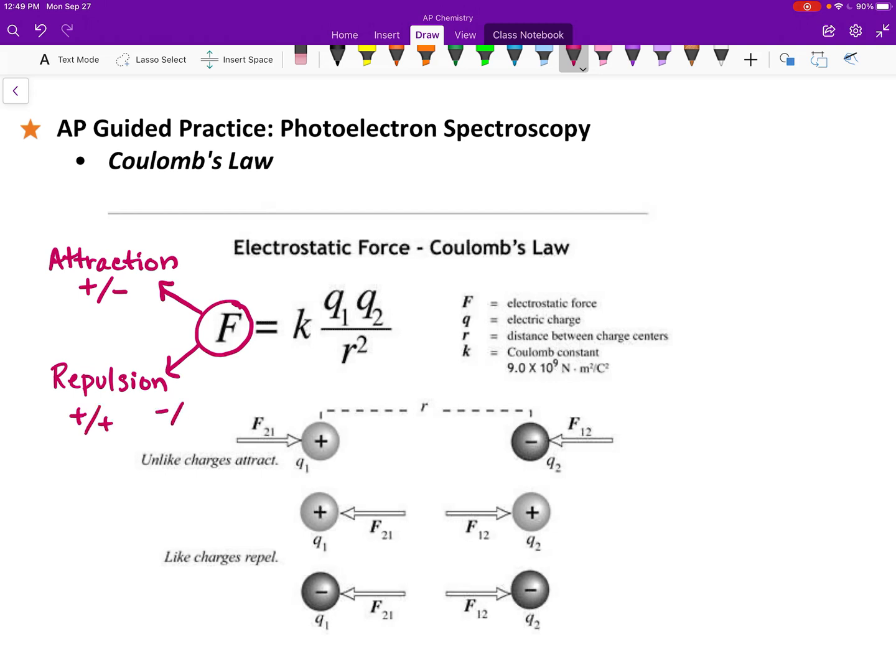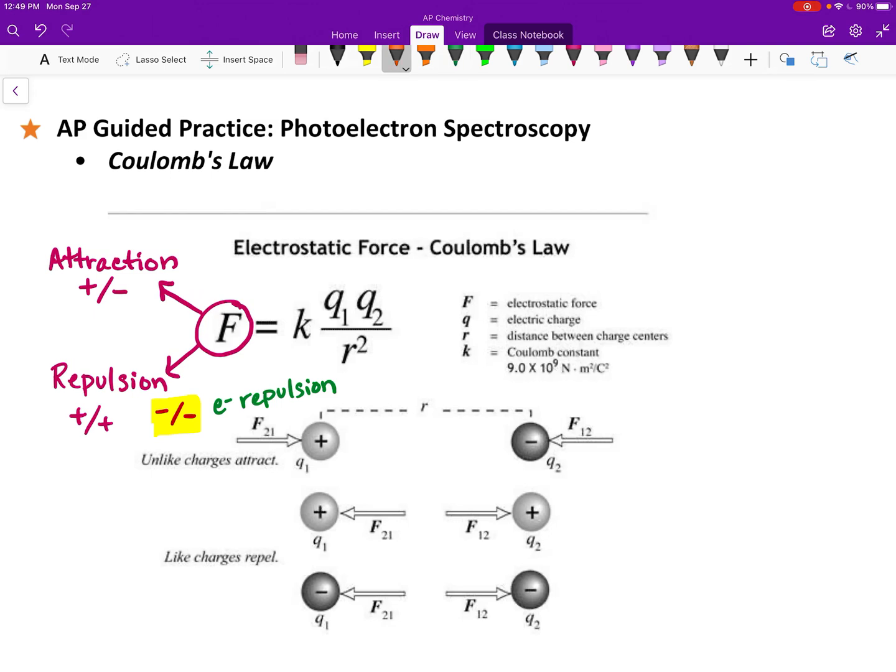If you had two positive charges or two negative charges, which is usually where we get into some information, because two negative charges could be something that we call electron repulsion. So keep that in mind as we work through some problems.